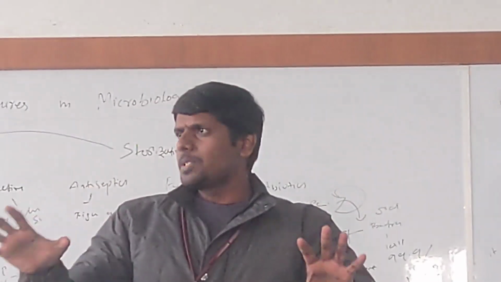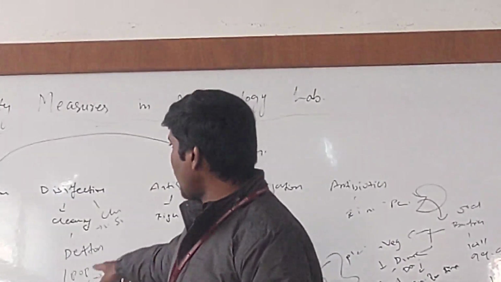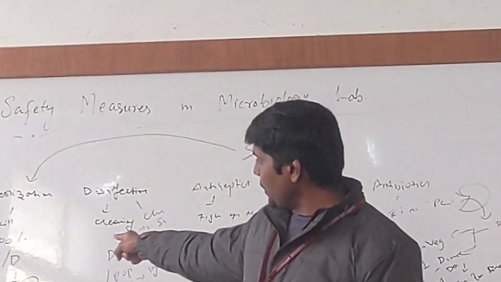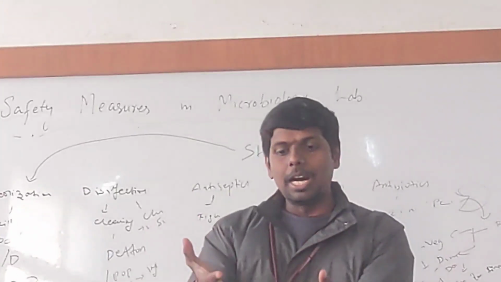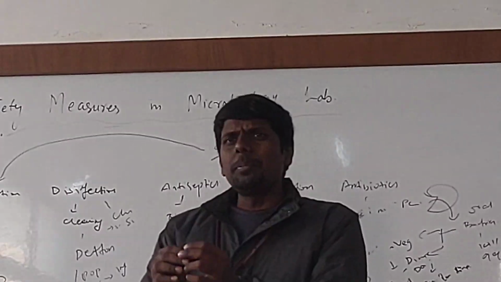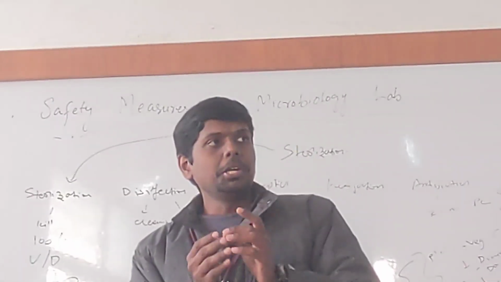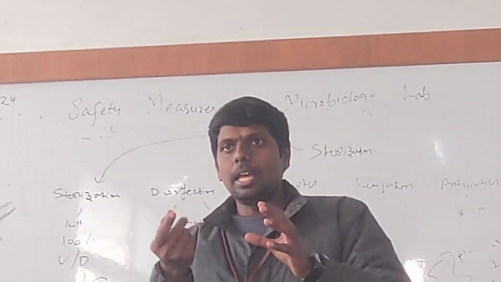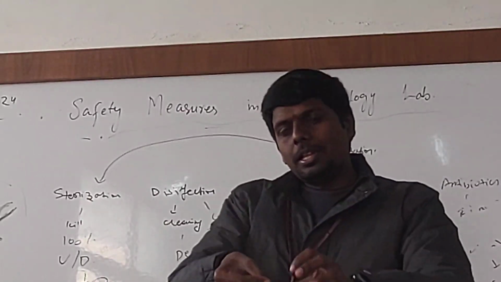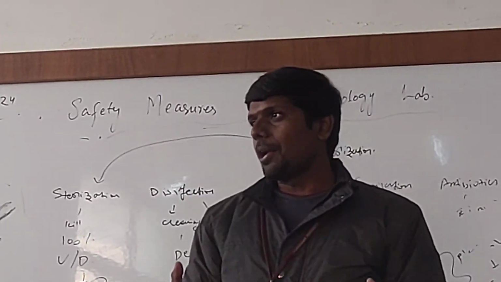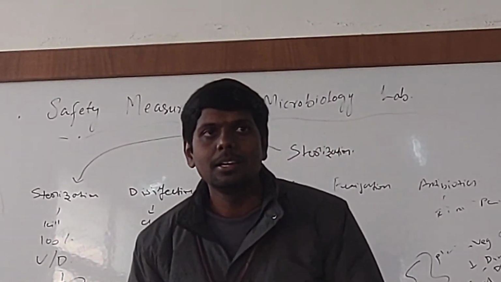Now there are some problems with moist heat. Like autoclaving we discussed. Autoclaving is a cooker and we are keeping articles in a cooker. Can we keep everything in an autoclave? Is it possible? No, sir. Like I need to autoclave a catheter, a plastic tube. Can I keep that plastic tube in a cooker? No, I cannot. You know that plastic will be melted.